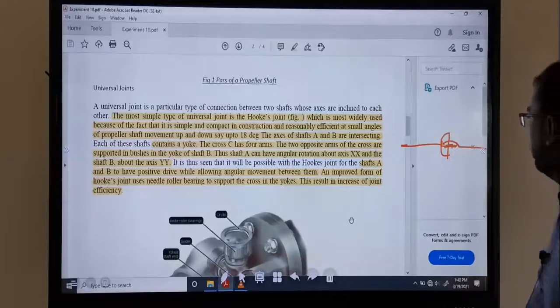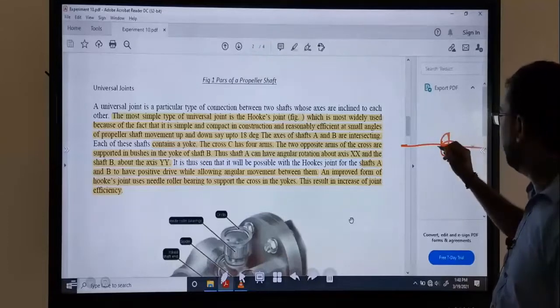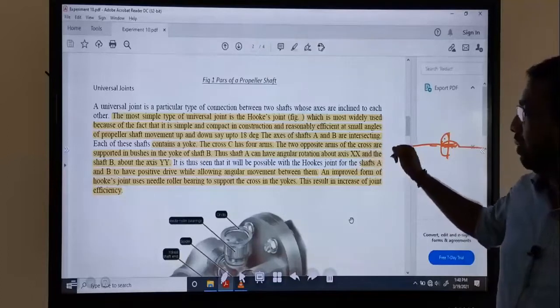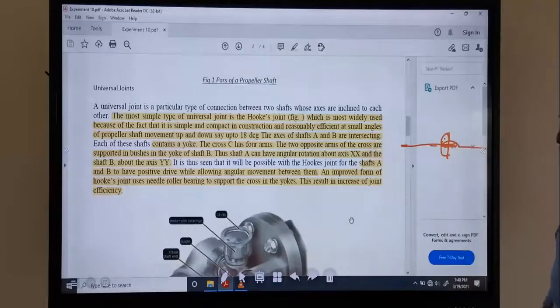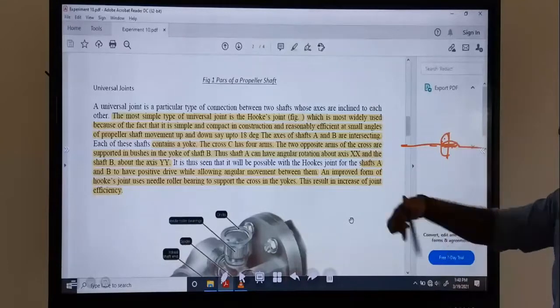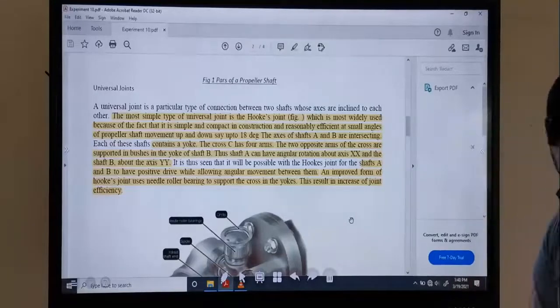But the axis of this cross is different. If the input shaft axis plane is XX, the output shaft axis is not the same as XX; it rotates in another plane, YY. It's better to see an animation.